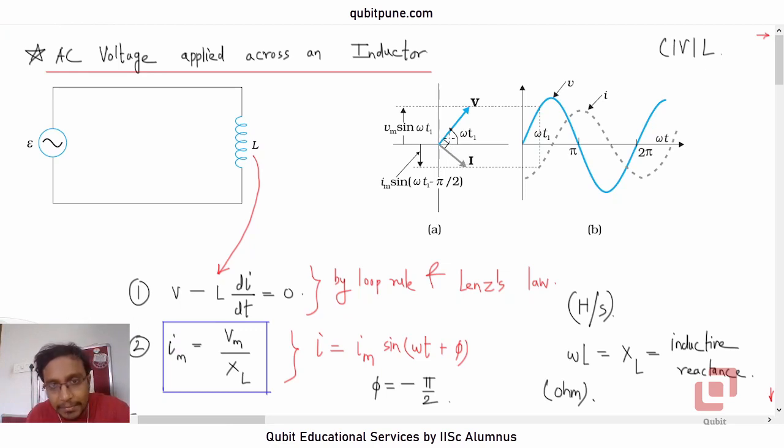And more importantly, because our phasors are rotating anti-clockwise, when I say that voltage leads current by pi by 2, the current phasor will kind of follow the voltage phasor, but the angle between them will always be equal to 90 degrees. Correct? And you can see that I is equal to Im sine of omega t minus pi by 2. That negative pi by 2 basically tells us that current is lagging voltage, or voltage is leading the current.